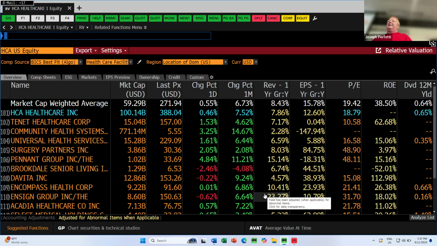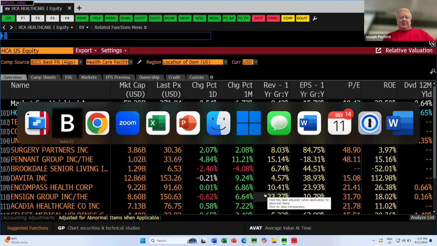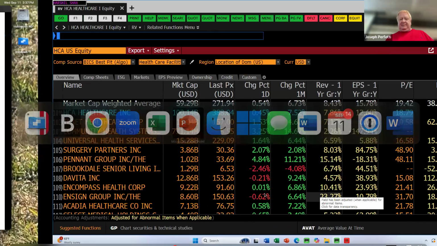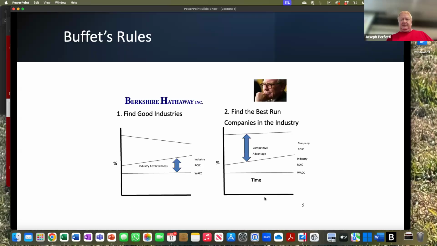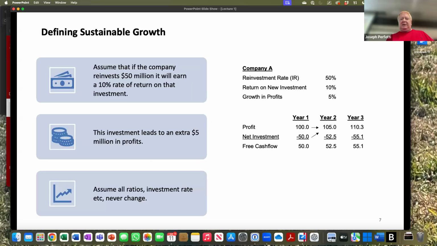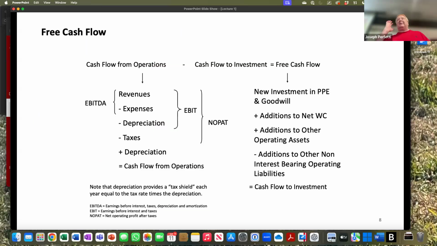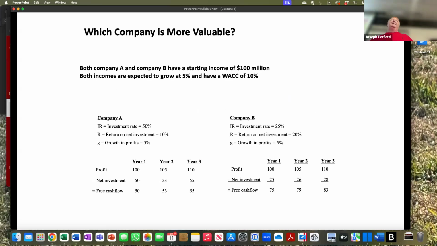What I want to pick up with today is where we left off on Monday with lecture note 1. So going back to that file. We talked about the concept of free cash flow, and we left off on this slide.